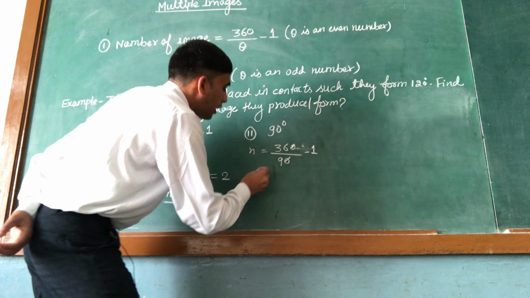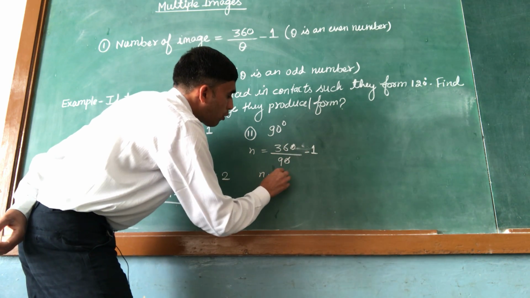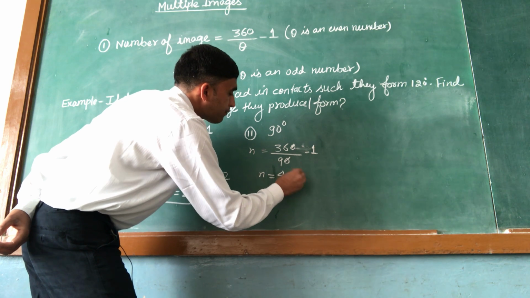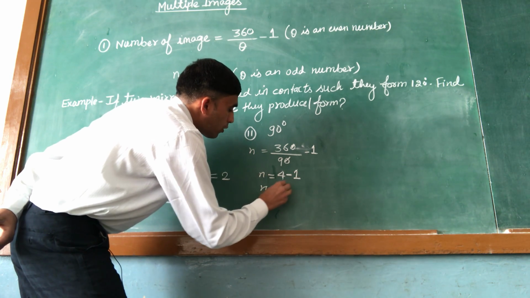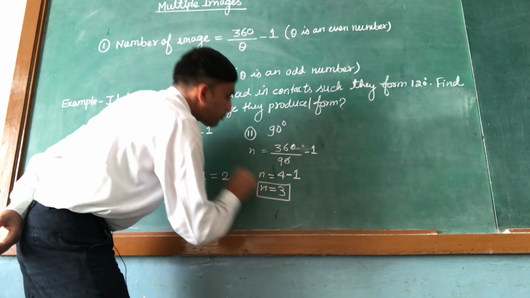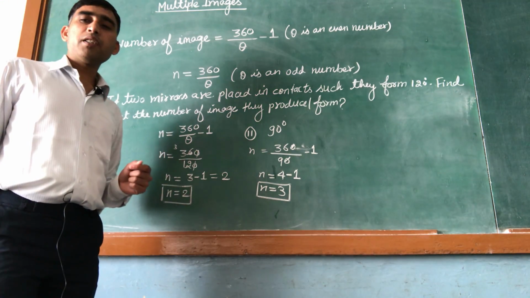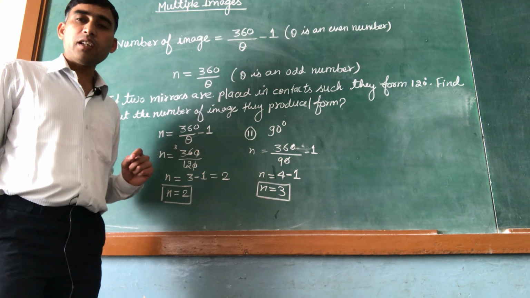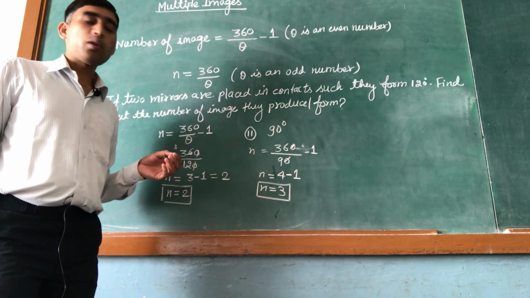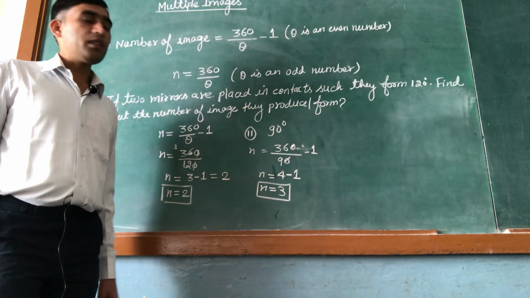So 360 divided by 90 is 4, and n is equal to 4 minus 1. So n is equal to 3 images. So if two plane mirrors are placed at a 90-degree angle, in such a case the number of images formed by them is 3 images.